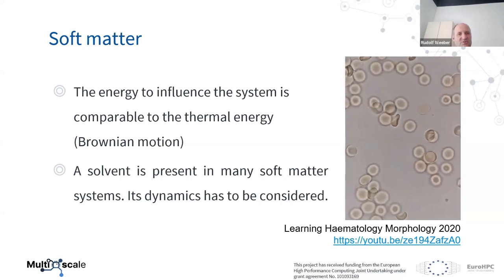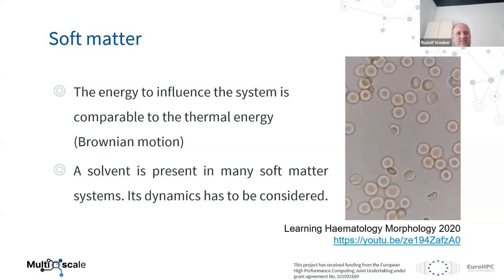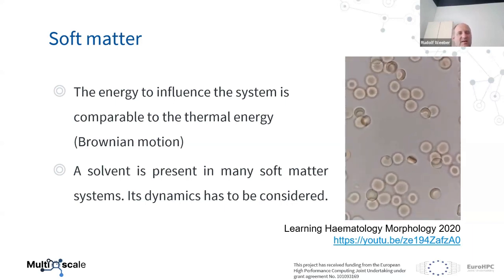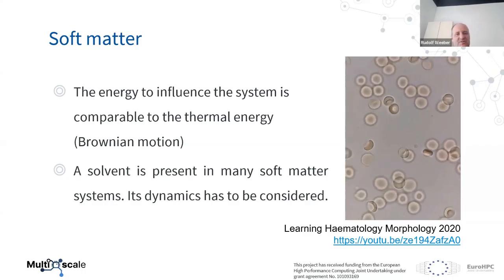So to understand what soft matter systems are doing, it is typically also necessary to include the dynamics of the solvent. Now, the embedded objects like a red blood cell or a pollen or whatever is much bigger than the water molecules. So we would not need to know where each water molecule is. Instead, for the solvent, we would use a continuum description. But solvent dynamics is often crucial.